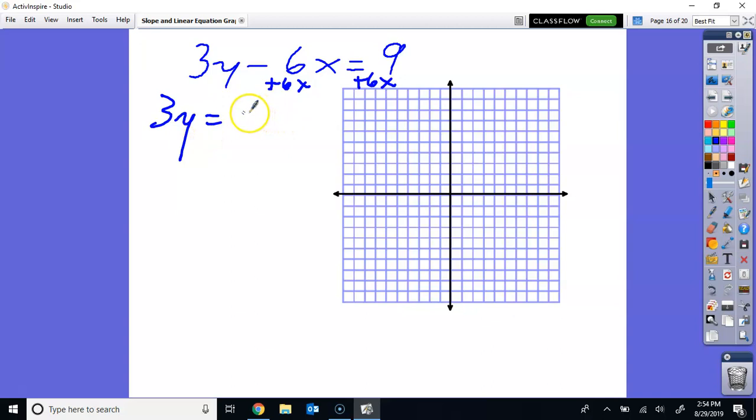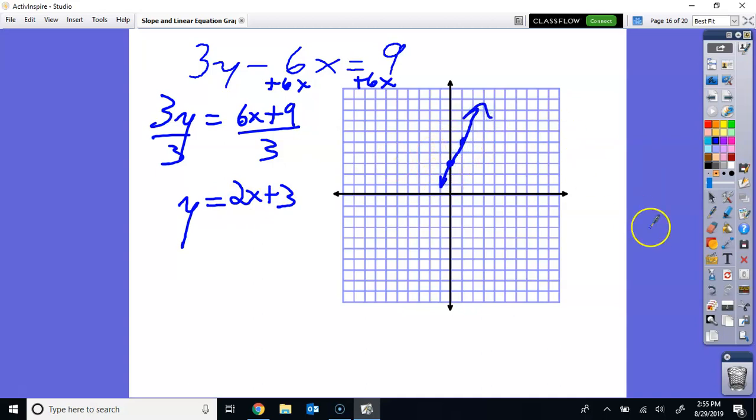That would be 6x plus 9, or you could put 9 plus 6x. And dividing both sides by 3, that gives me y equals 6 divided by 3 is 2x, 9 divided by 3 is 3. So then you begin at 3, and then you move up 2 over 1. Then you connect your dots, you got a line.